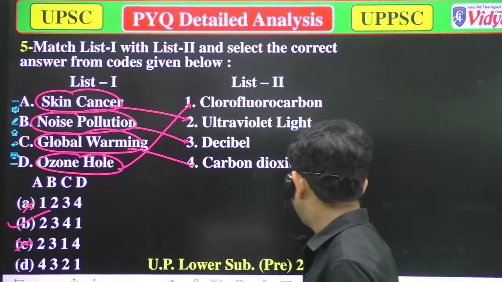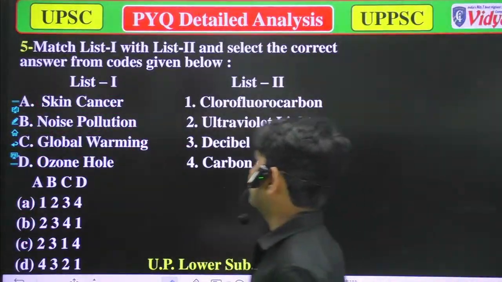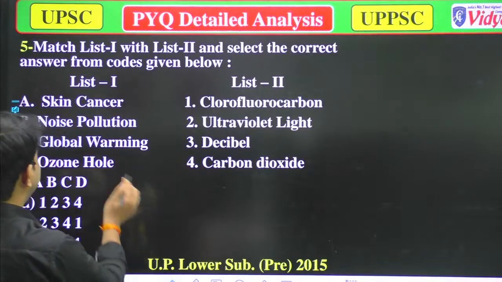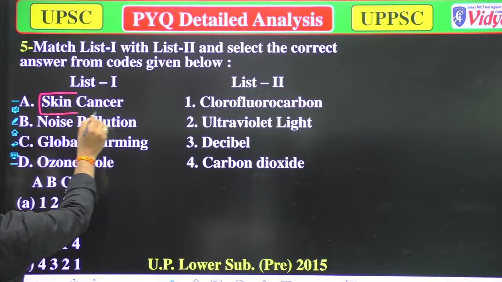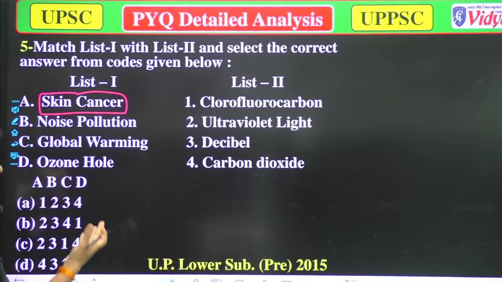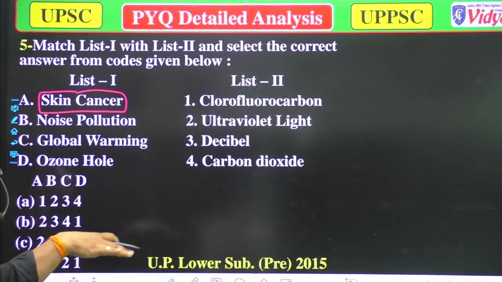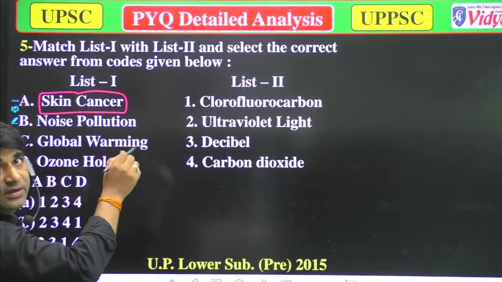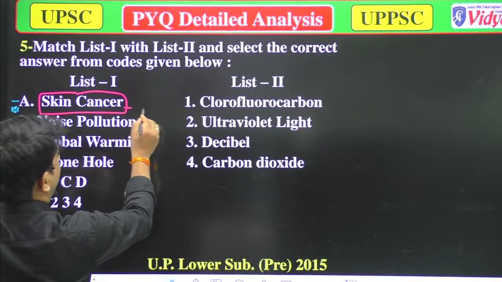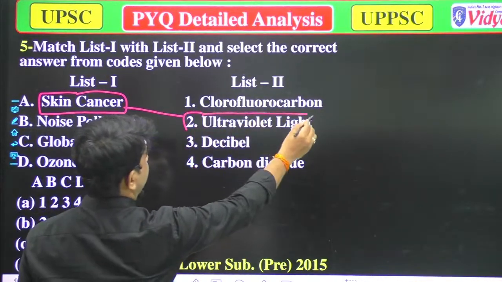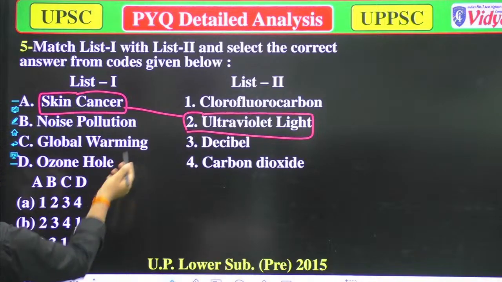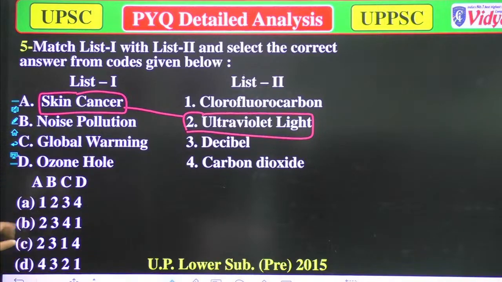So I think we should do it again, because skin cancer is generally caused by ultraviolet rays, so A is directly related with 2.